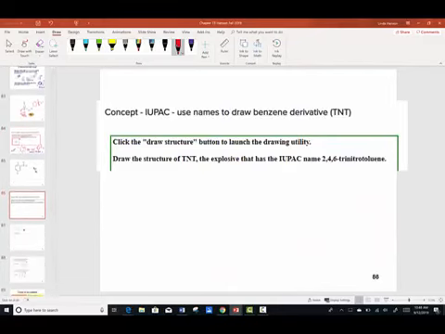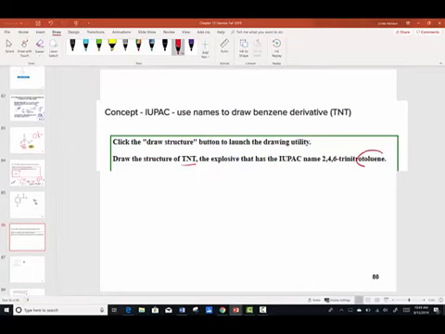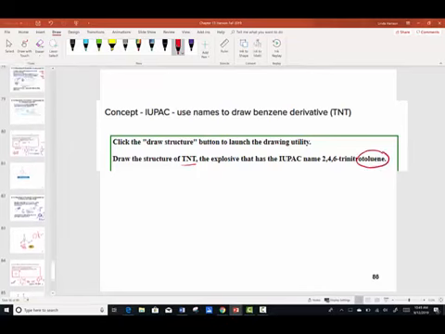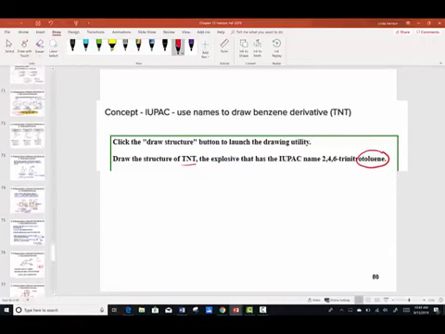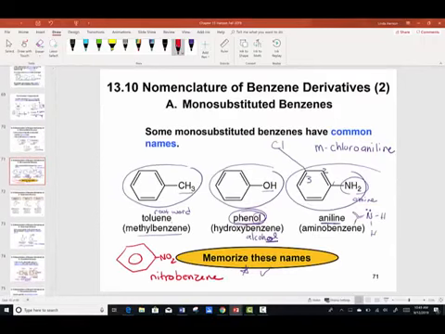Another practice with a benzene derivative, it asks us to draw the structure of TNT. That stands for trinitrotoluene, 2,4,6-trinitrotoluene. Well, I see the root word toluene. And are you working to memorize what those words stand for? Toluene. I'm sliding back up to say, here's that slide where I have to memorize what toluene is.